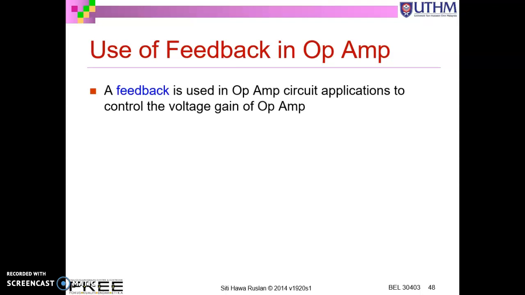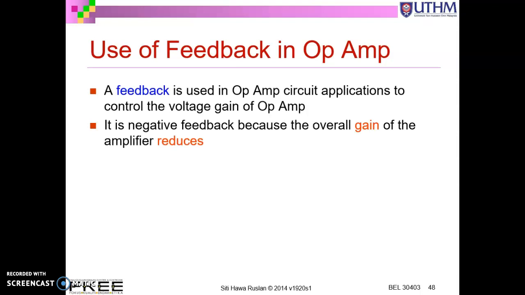And just now we mentioned that the output voltage of the op-amp depends on the A open loop, which is defined by the manufacturer, so we cannot control the gain. So usually the op-amp is used with negative feedback. With negative feedback we can control the output voltage and the gain of your circuit, but the gain will be much smaller compared to the A open loop.